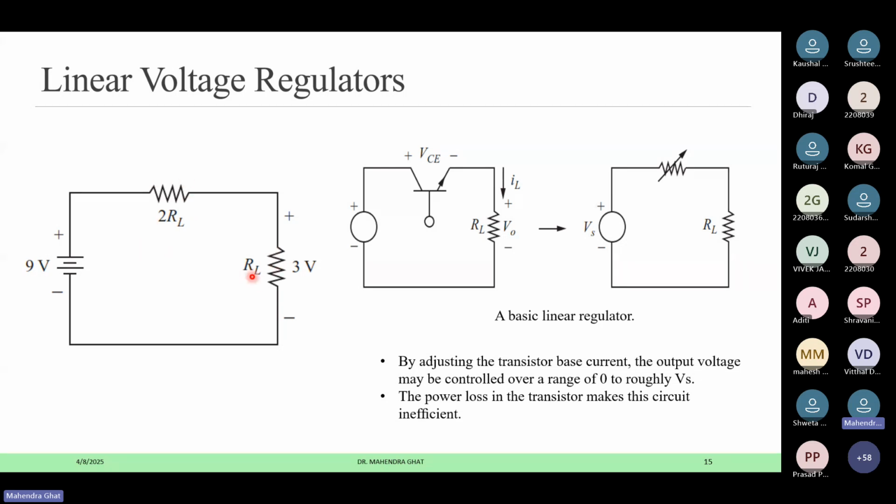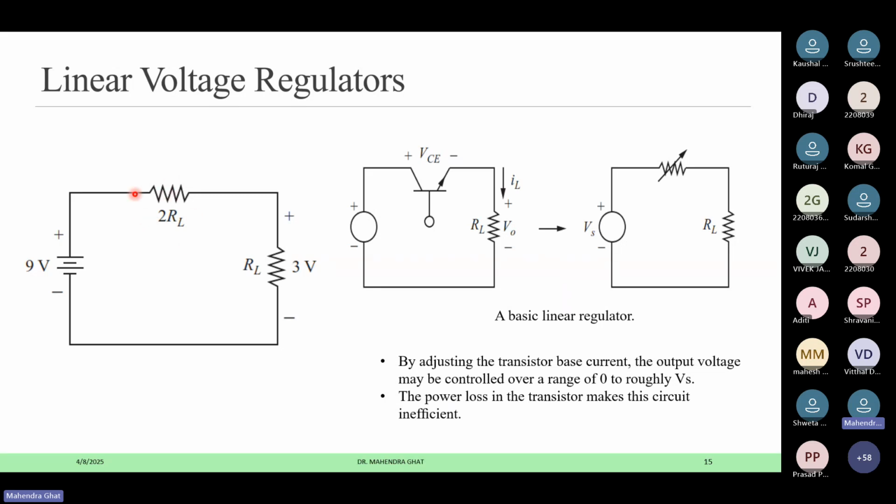If the resistance of the load is RL, and we add 2 RL in series and apply KVL, then you can see that you will get 3 volt across the load. But what is the problem here? We require 3 volt, we have 9 volt, and we achieved this by dropping 6 volt through the resistor.